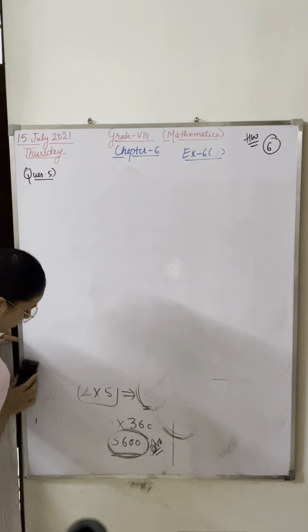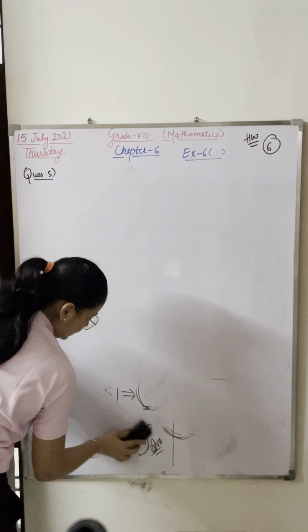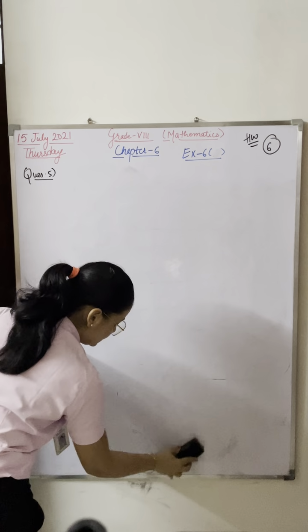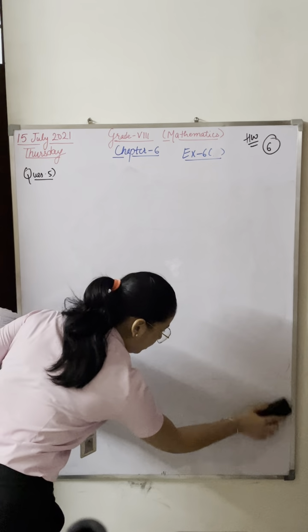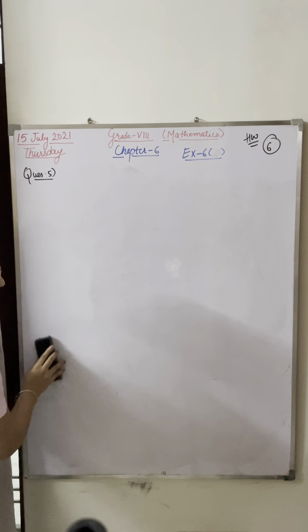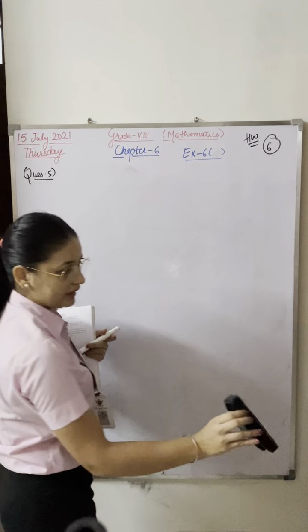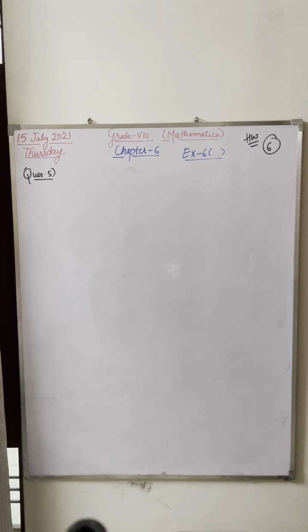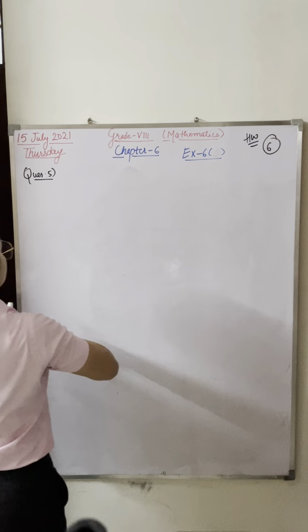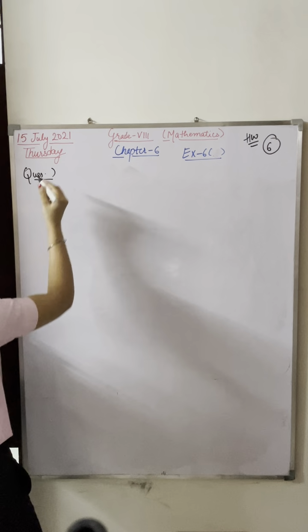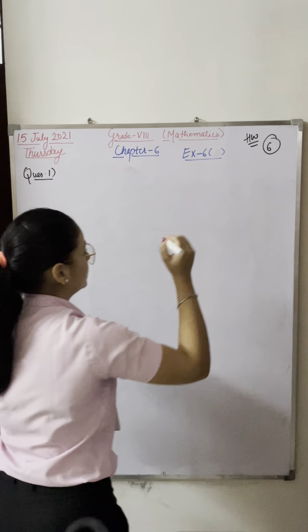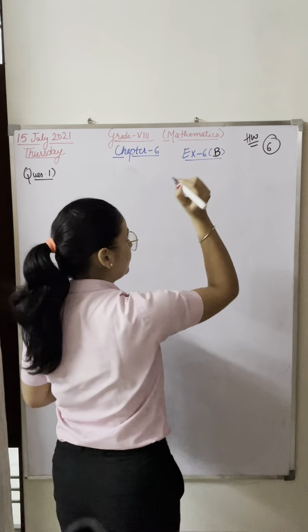Whatever rules I revise here in the class, you have to revise once again at home, otherwise you will forget. Don't keep it for the weekend. Go for regular practice. I always keep saying, mathematics is a subject that needs regular practice.